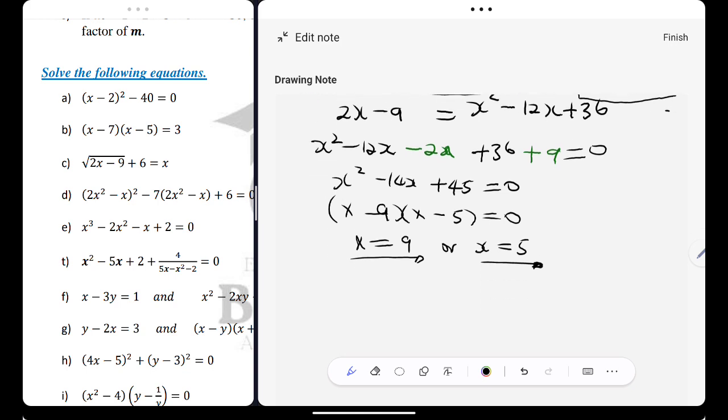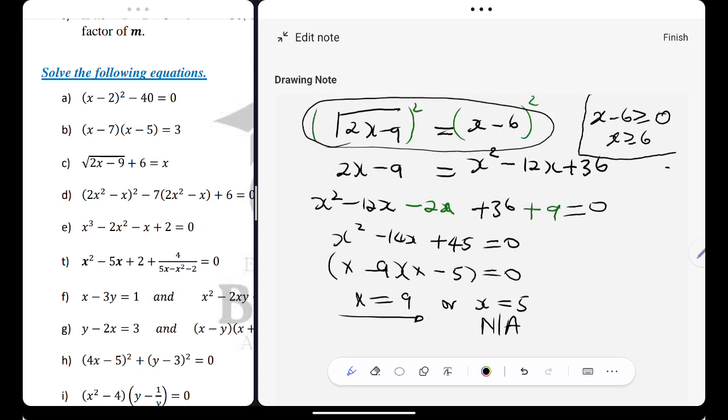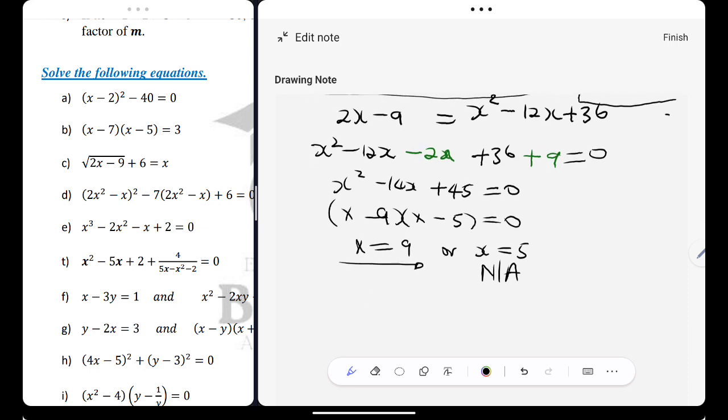Right, together. So however, this one, let me not even underline it. This one is not applicable. Why? Because it's not greater or equal to 6. This number is less than 6. And this one, therefore x is 9 only.